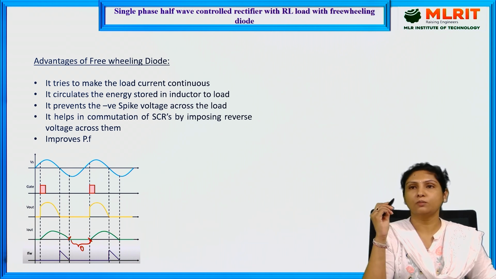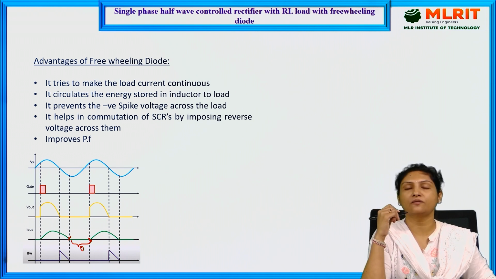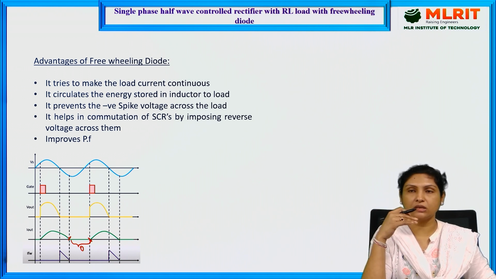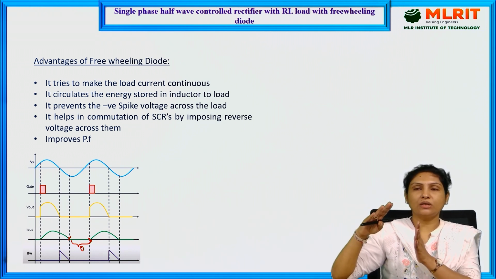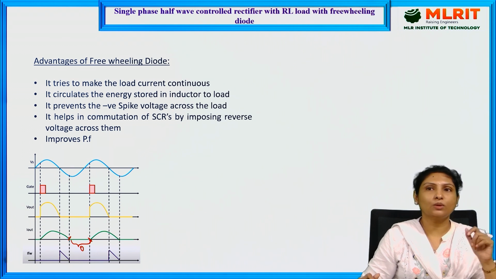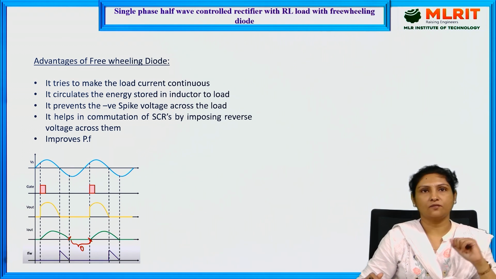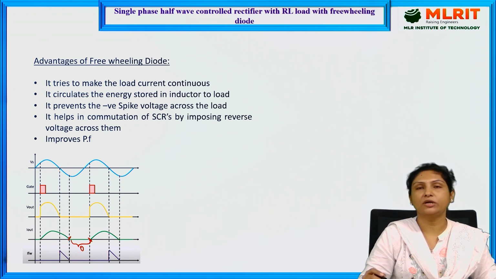So during positive half cycle, when the current is conducting through the load, whatever the energy stored in the inductor is being dissipated through the load. So whatever the energy stored in the inductor is being supplied to the load during this period when the thyristor is being turned off. And it prevents negative spike voltage across the load.